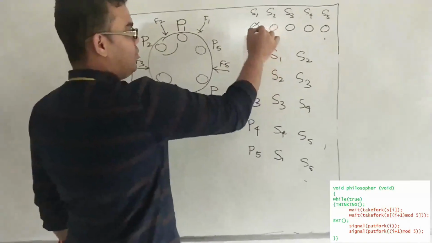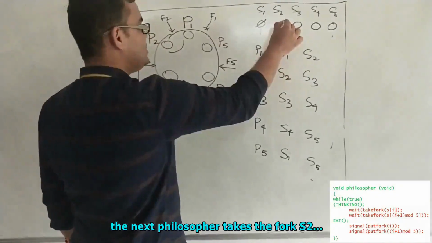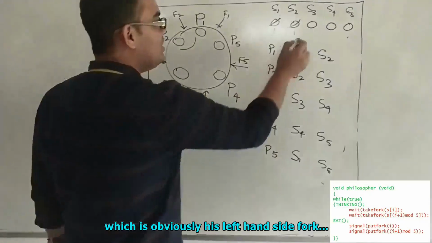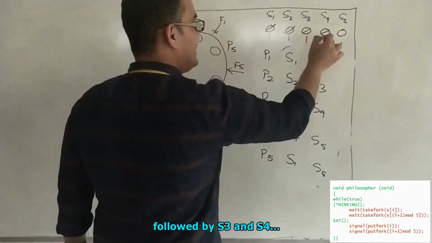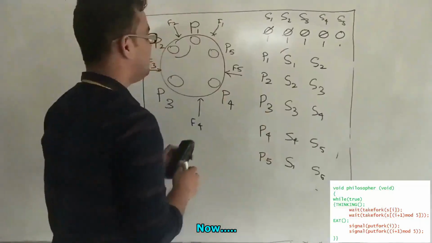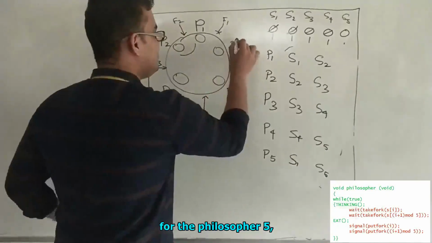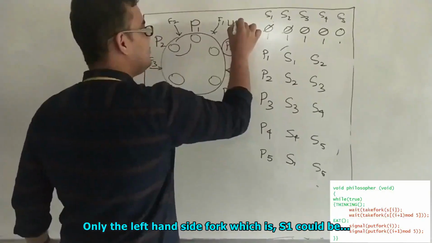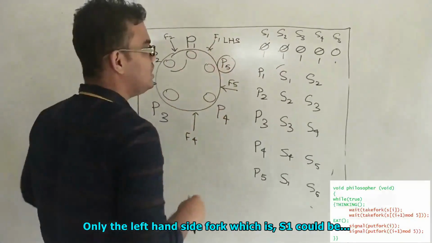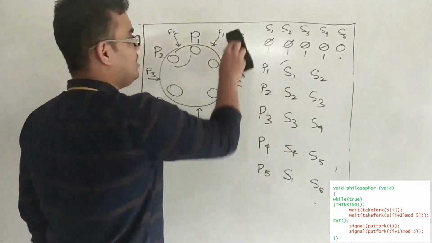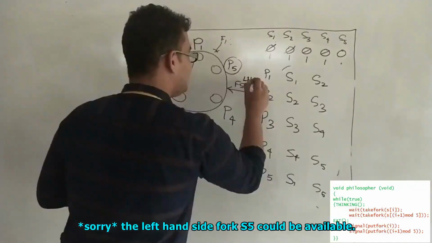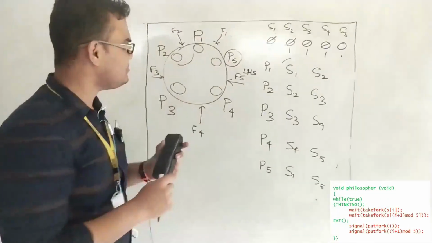The next philosopher takes the fork S2, which is obviously his left hand side fork, followed by S3 and S4. Now, for philosopher 5, only the left hand side fork, which is F5, will be available.